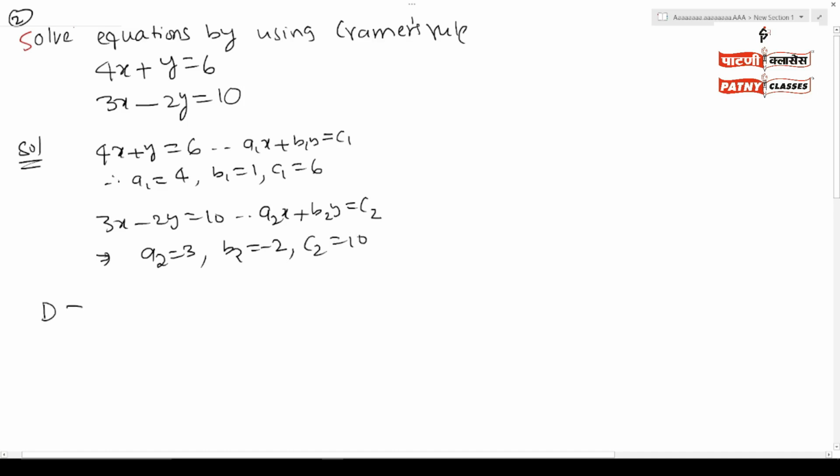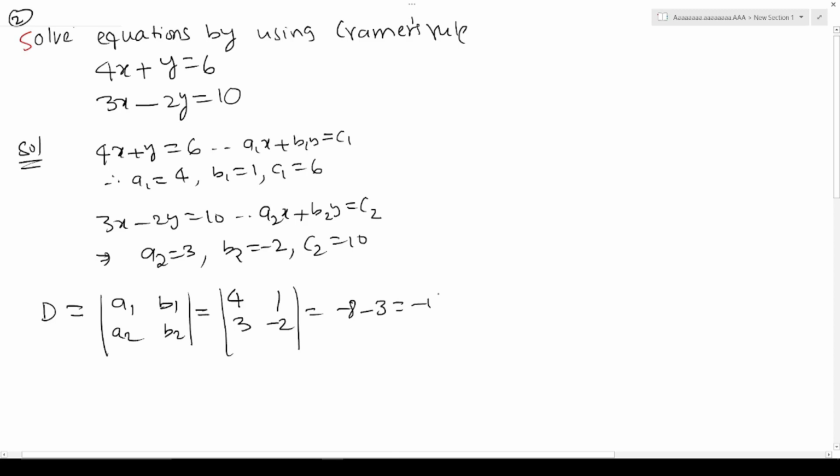Now we'll find the coefficient determinant, that is the determinant of a1, b1, a2, b2, that is 4, 1, 3 and minus 2, equals minus 8 minus 3 equals minus 11.